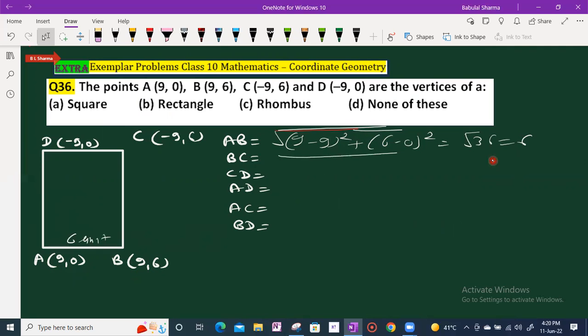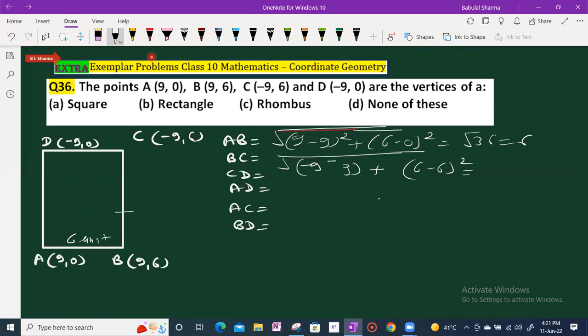Now BC, using the distance formula. So minus 9 minus 9 whole square, because x2 is now minus 9, plus 6 minus 6 whole square.